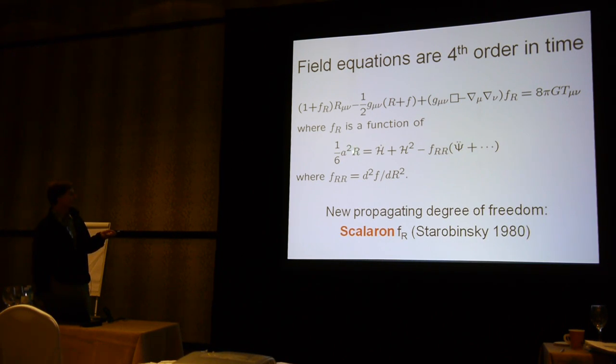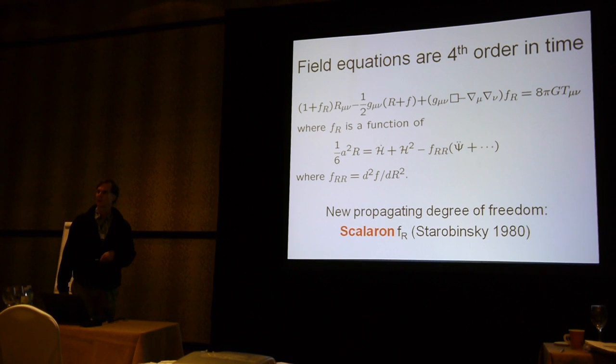Now, because of this second time derivative, implicitly in this function, remember this is some function of R, and therefore it's a function of the second time derivative of the potential. There are two more time derivatives. The Einstein equations, which until now were second-order differential equations in time for the metric functions, now become fourth order.